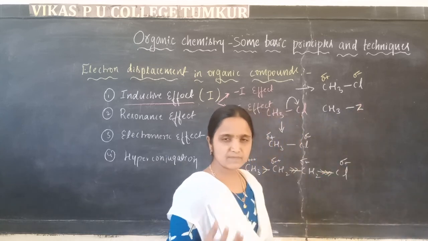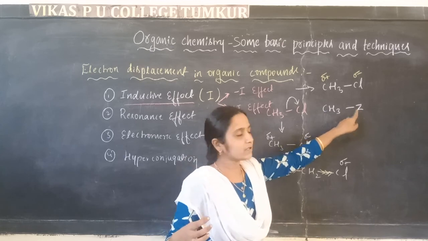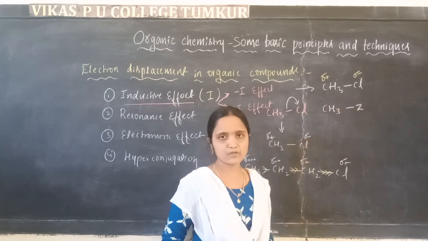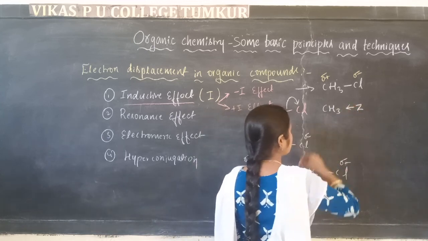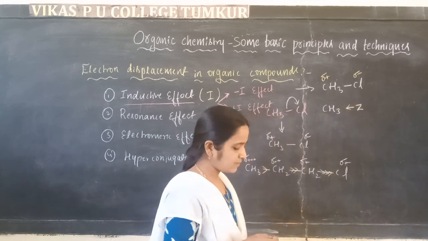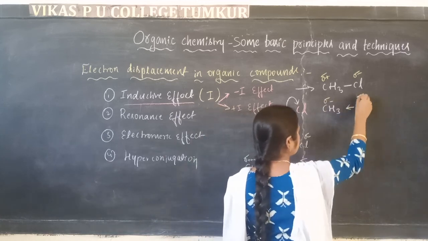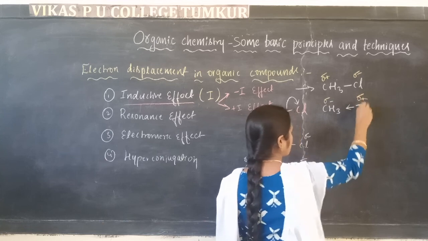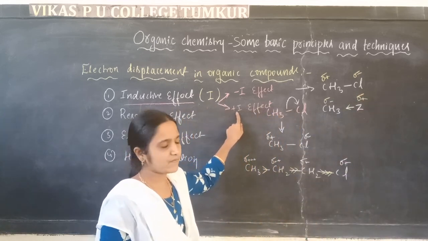Z represents a group less electronegative than the hydrogen. At that time the shared pair of electrons shifts towards the carbon chain. Therefore the carbon gets the partial negative charge and this substituent gets the partial positive charge. This we call a positive inductive effect.